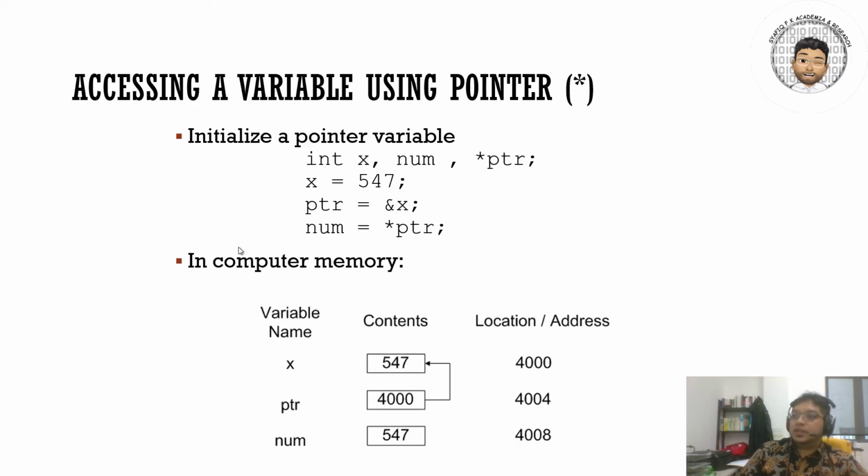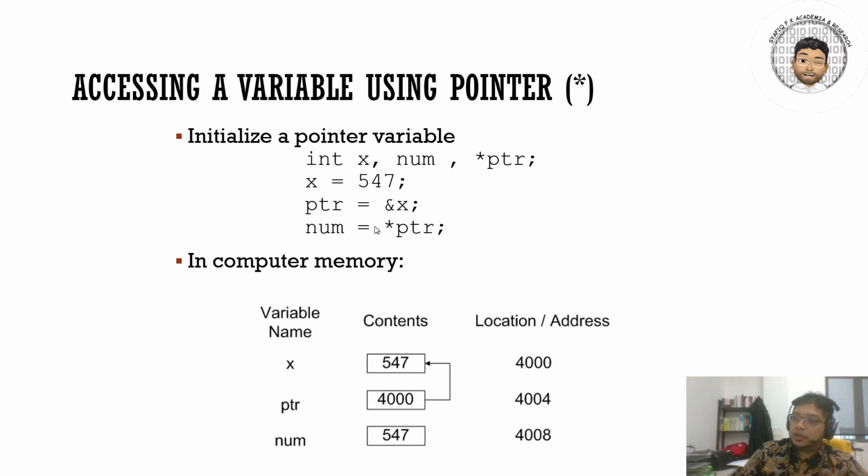When you initialize a pointer, like for example here, integer x, num, and pointer, you have three variables, and the third variable, pointer, is a pointer. x is 547, pointer is the address of x, and num is the value of pointer. When you initialize, you need to put the star.